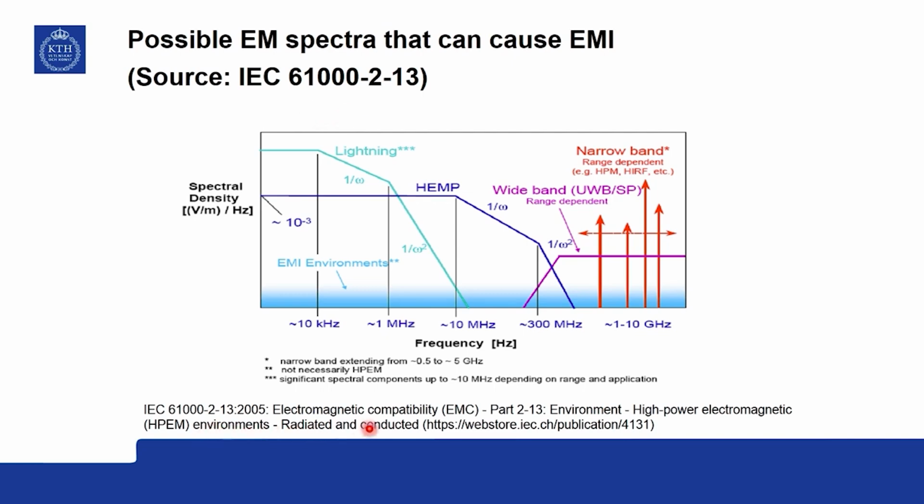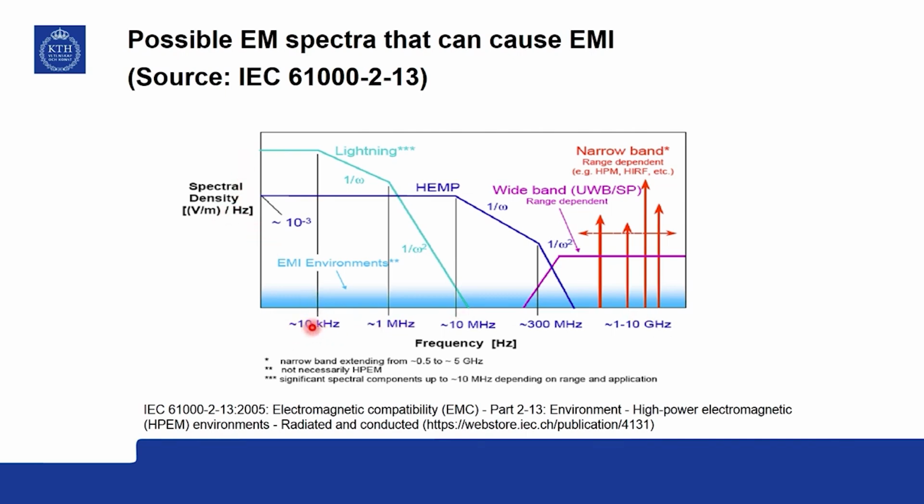The details of the standard are given here: Electromagnetic compatibility, part 2-13, defining the high power electromagnetic environment, radiated and conducted. This is a website, but even though this particular standard is talking of high power electromagnetic interference, the spectrum here covers the complete frequency spectrum of radio waves, say, and this is the spectral density.